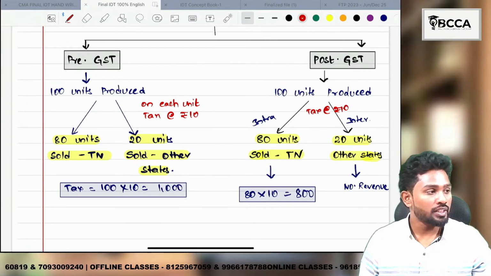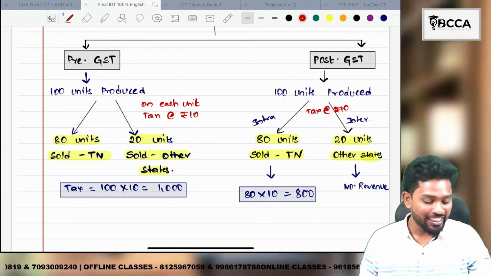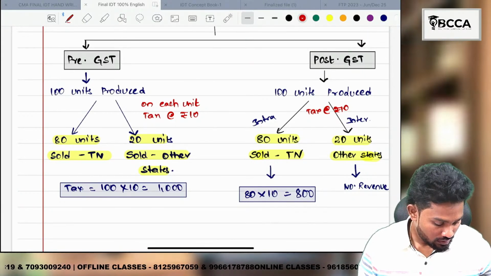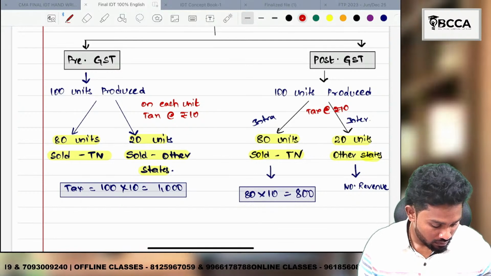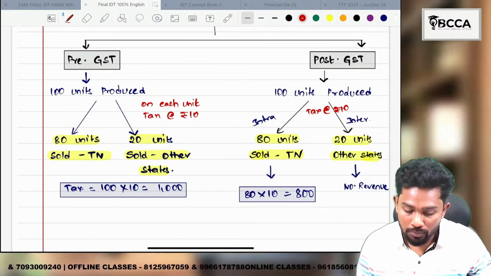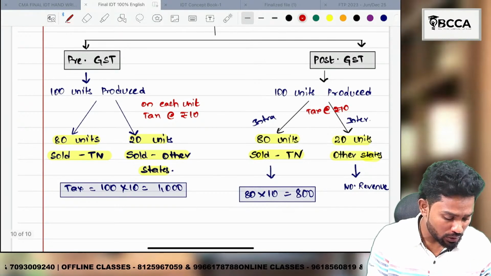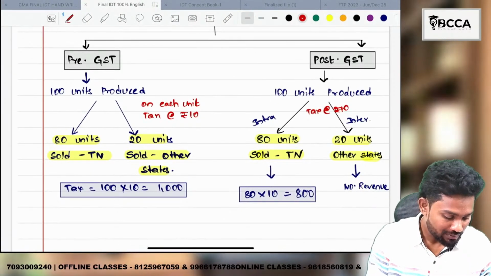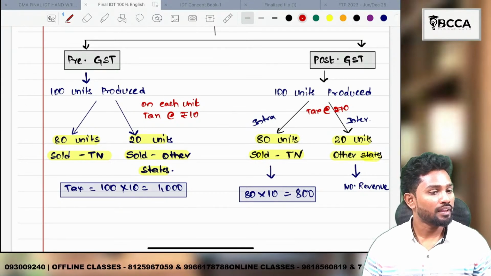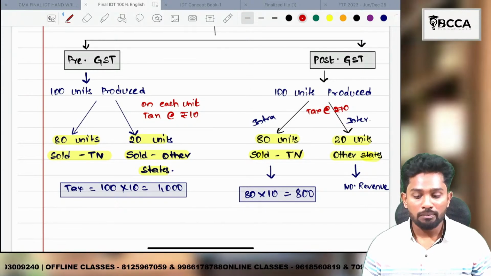So now if you see, from 1000 rupees, the revenue has dropped to 800 due to the introduction of GST. You understand, right? So there is a revenue decrease.